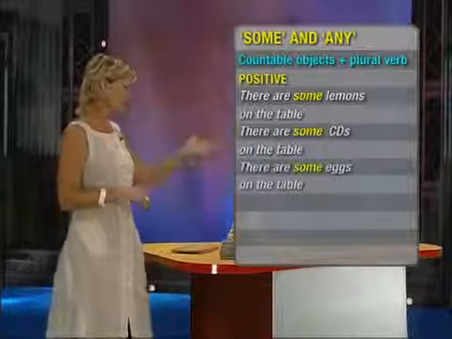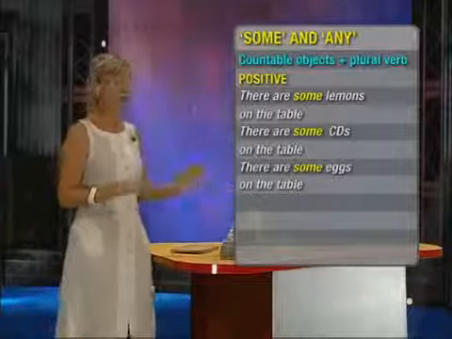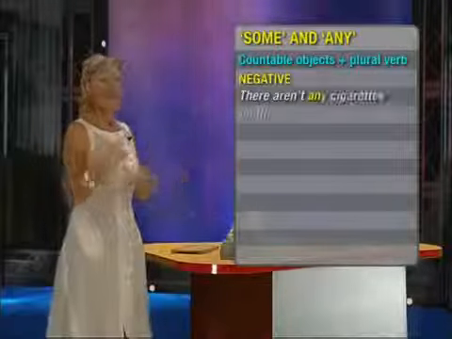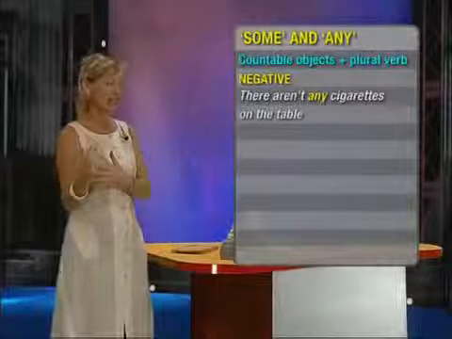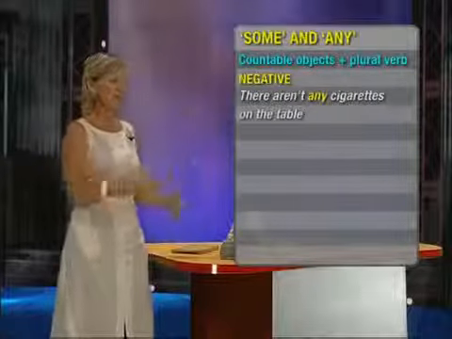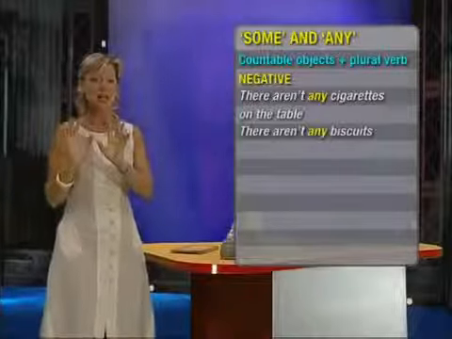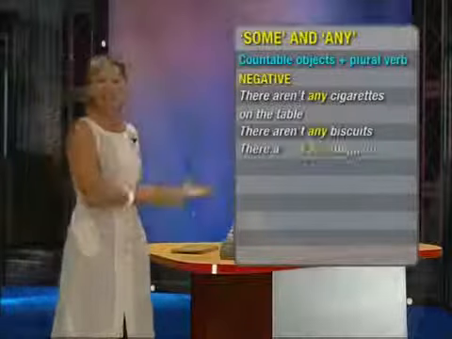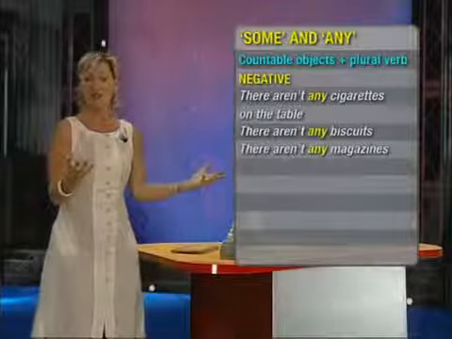There are some eggs on the table. So that's countable. Now the negative is there aren't any. We use any. There aren't any cigarettes on the table. There aren't any biscuits. Important. Any for the negative. There aren't any magazines, for example.